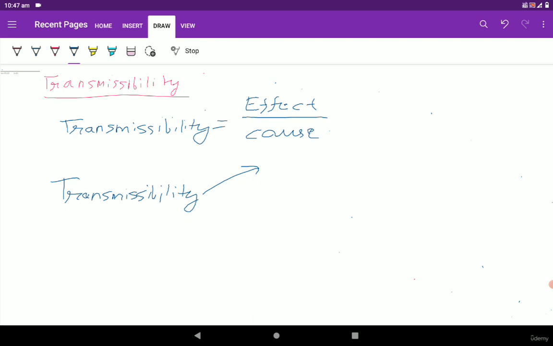The first one is force transmissibility, and the second one is motion transmissibility.